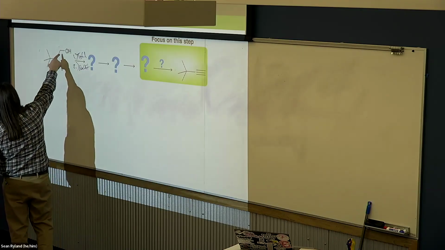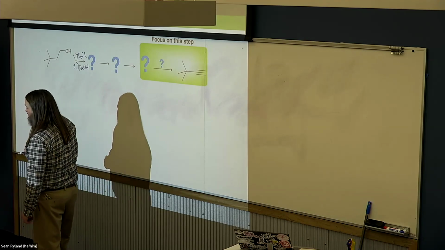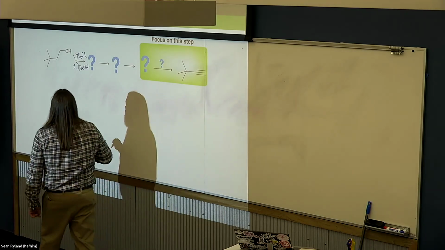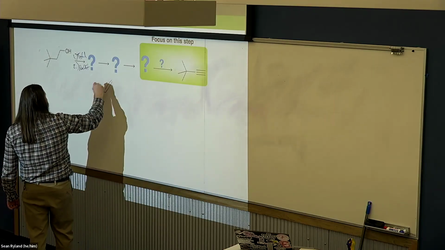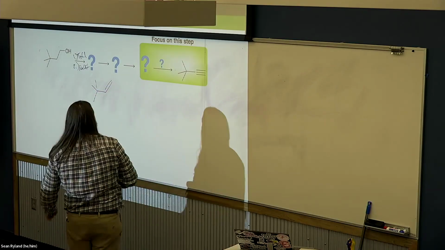And in this case, because our OH is already at the end of the carbon chain, we don't really care about Zaitsev versus Hofmann, right? So that's gonna give us this molecule, right?